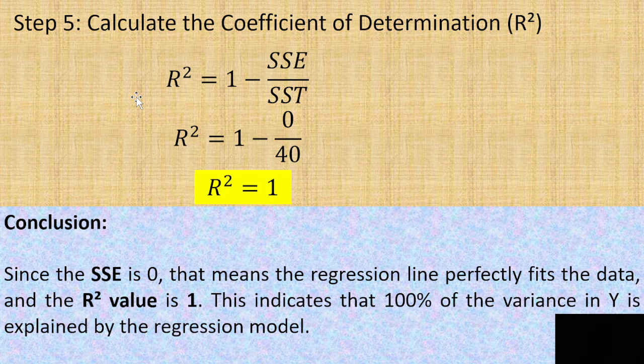So our r squared here is equal to 1. Since the SSE is 0, that means the regression line perfectly fits the data and the r squared value is 1. This indicates that 100% of the variance in y is explained by the regression model.